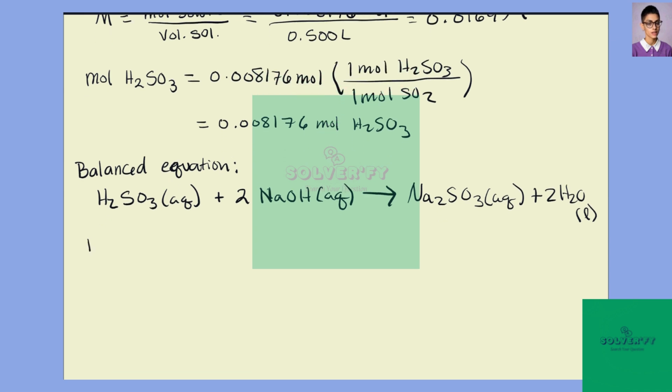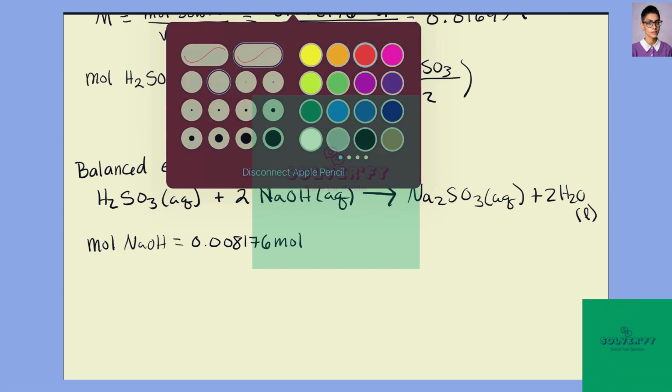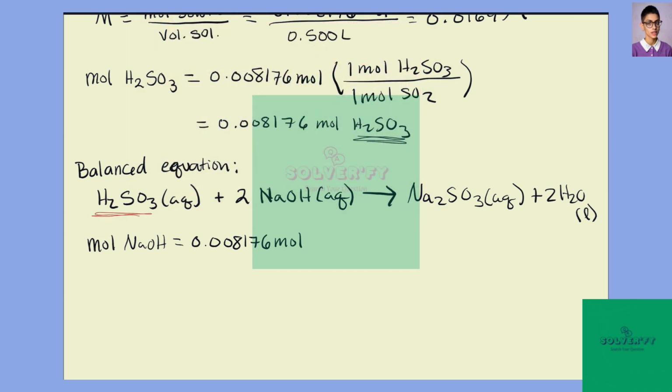So let's find our moles of NaOH. We're going to take our moles of our sulfurous acid, 0.008176 moles, and we see that for every mole of the acid we have 2 moles of NaOH.